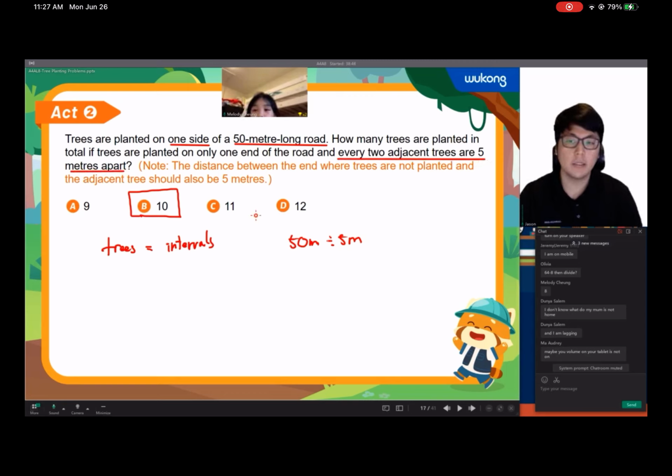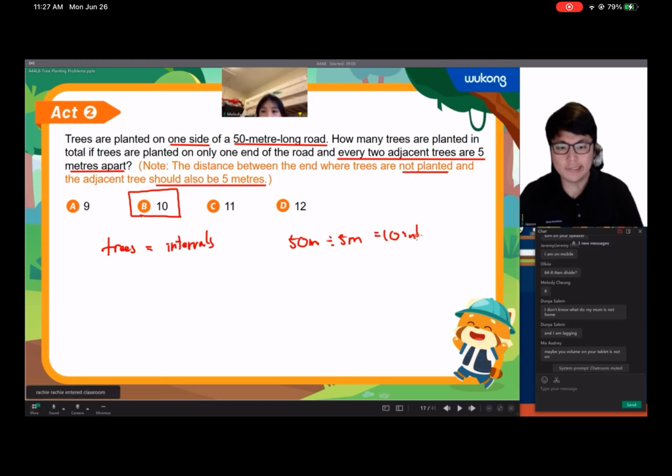But what about the second end? It's just 5 meters. Where does it say that? On the note. Yes. So it should also be 5 meters at the place where it's not planted. Good. So yep, that means 10 intervals. So that means 10 is going to be the same as 10. So that's why it's B.